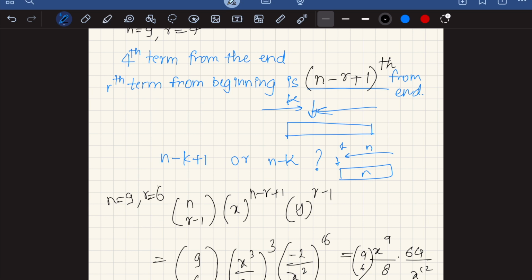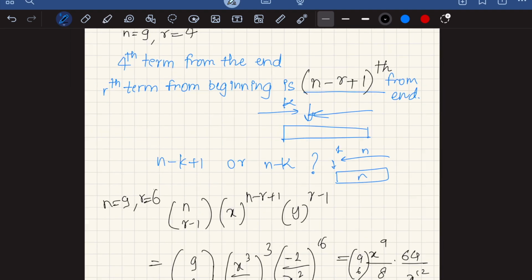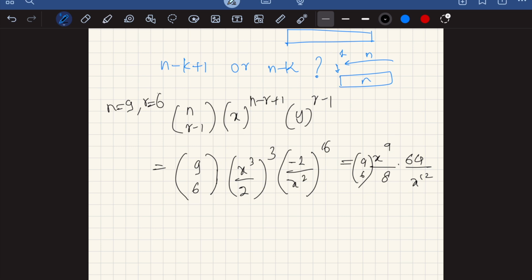okay, what is the question here? Total 10 terms from last means 7th term. Okay, I'm not sure. Is this about the previous question? Okay.